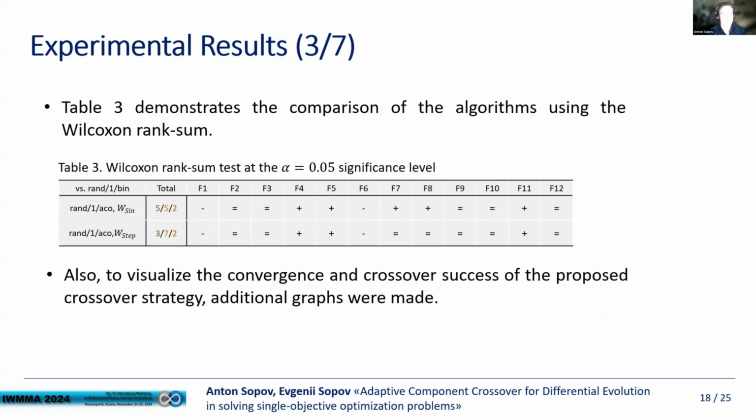We have compared the algorithms to the basic differential evolution with the Wilcoxon rank sum test, and it showed that overall the proposed scheme had a bit better performance or equal, except for the problems that we mentioned, those F1 and F6.